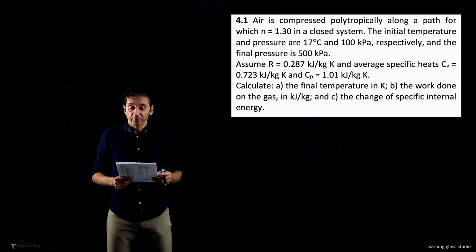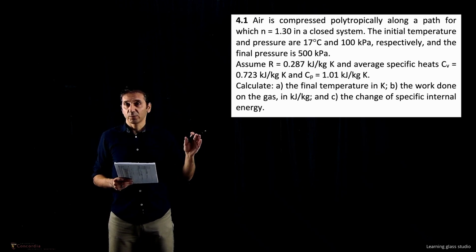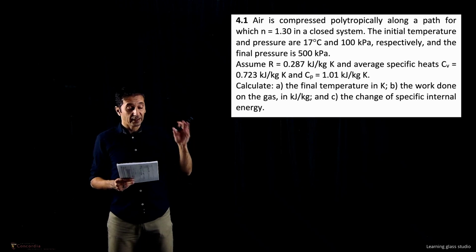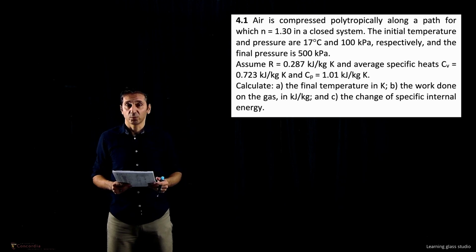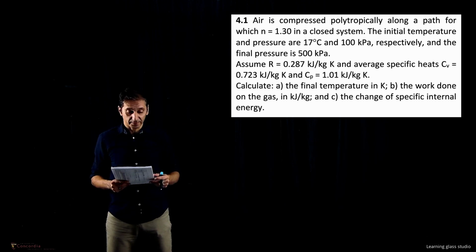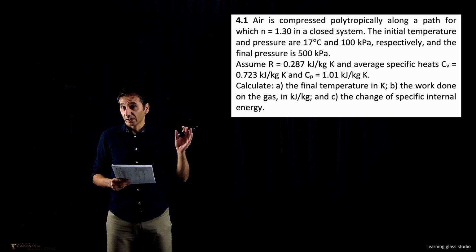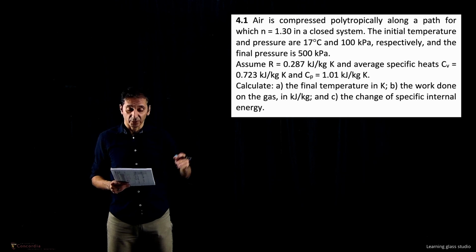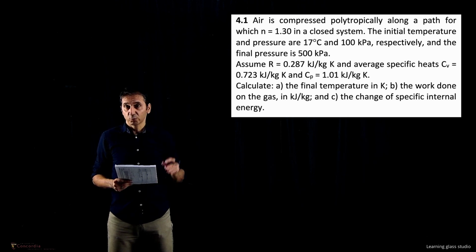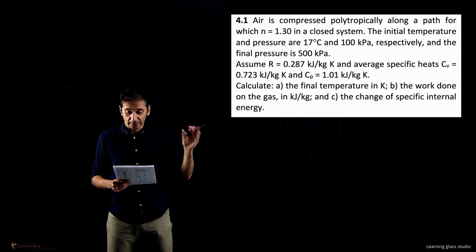And we are also given the initial temperature, T1 = 17 degrees C, and the initial pressure, P1 = 100 kilopascals. We are also given the final pressure after compression, P2 = 500 kilopascals.